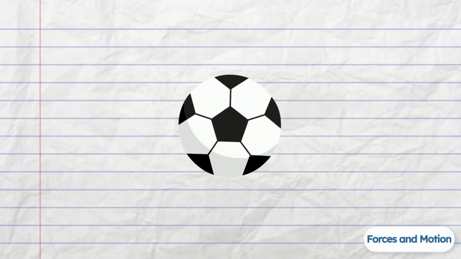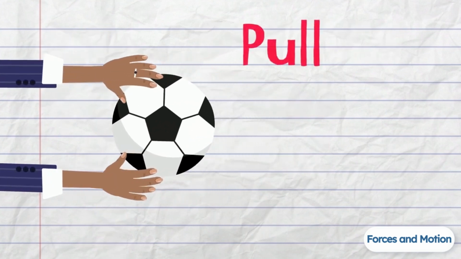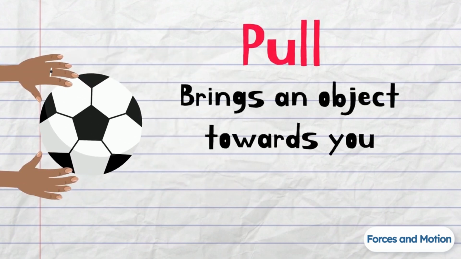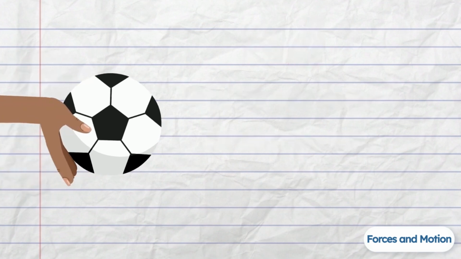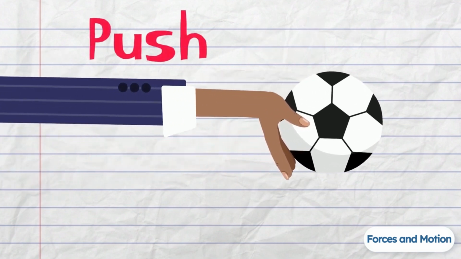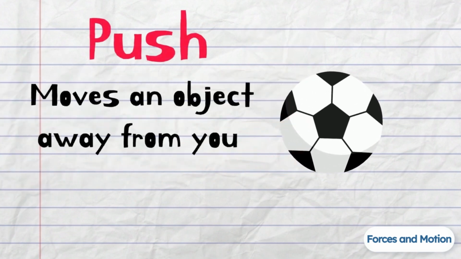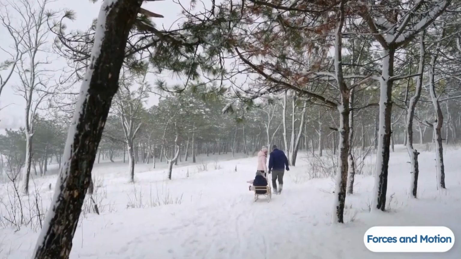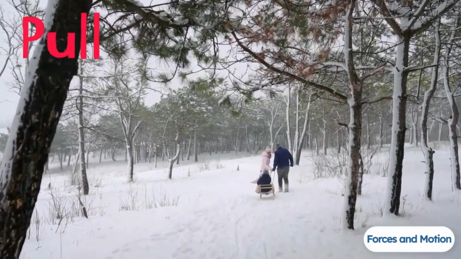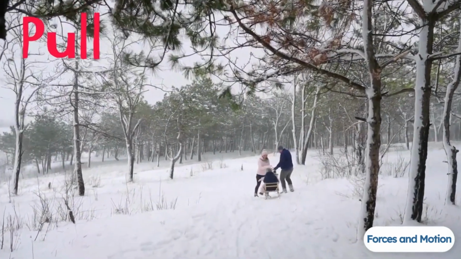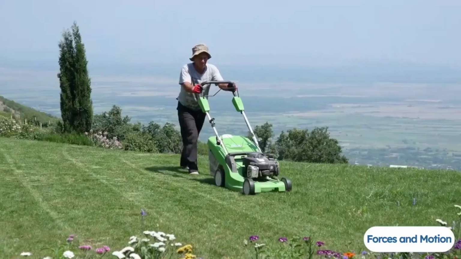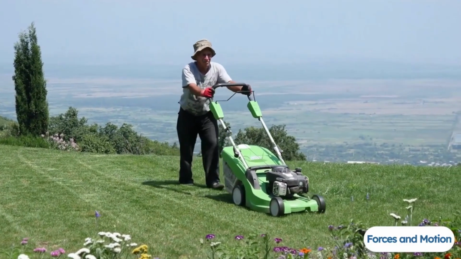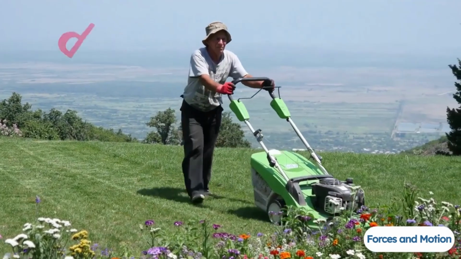Let's see the different types of forces applied. Pull is when you bring an object towards you, whereas push moves an object away from you. Let's look at some examples. These parents are using pull to move the girl closer to them. This man is moving the lawnmower away from him and using push.